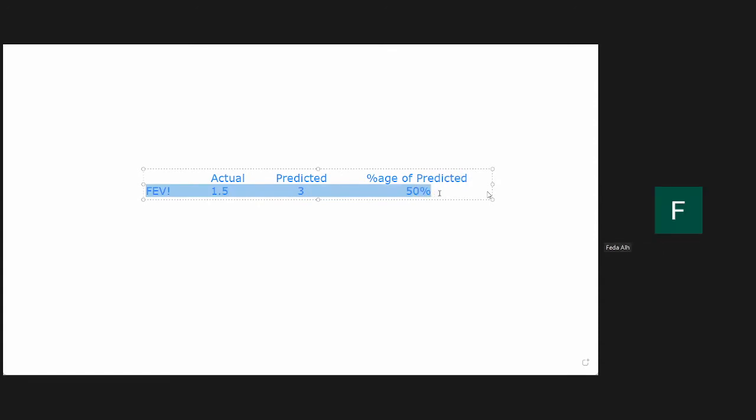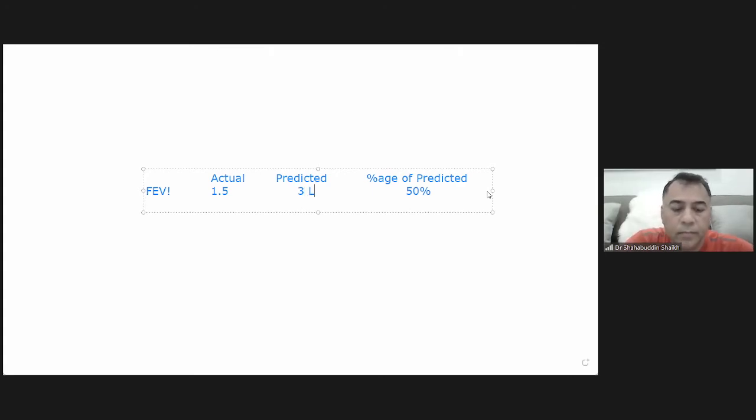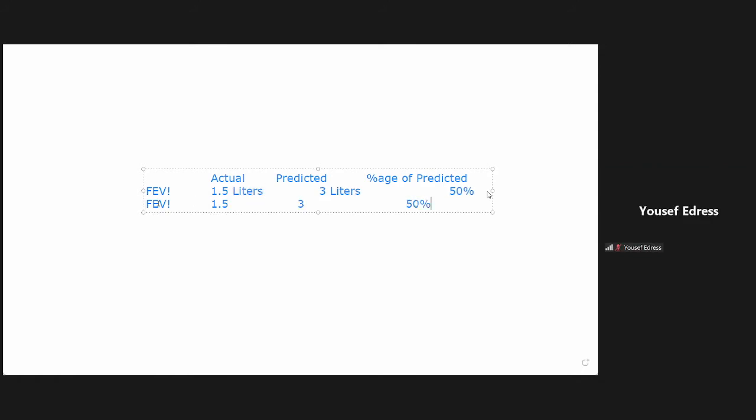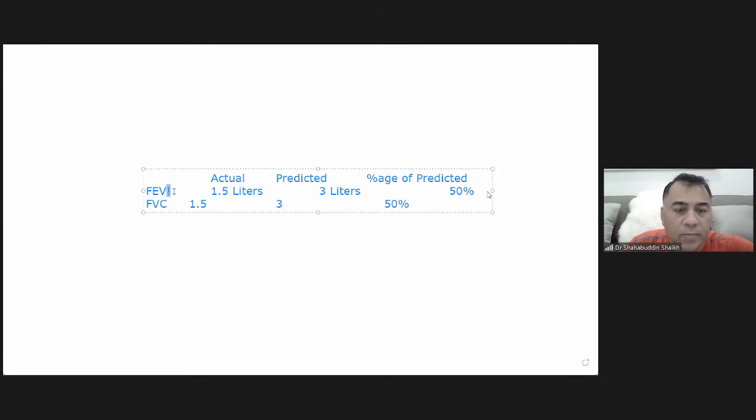Doctor, what do you mean by predicted 3? 3 liters. All are liters. By the way, this is 1, not an exclamation mark.